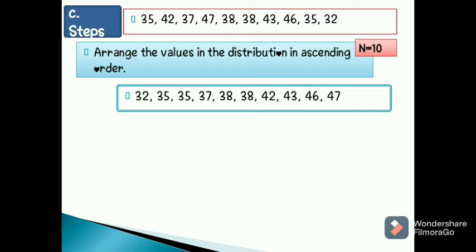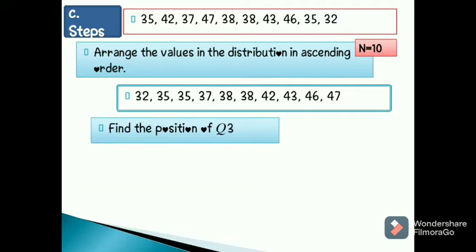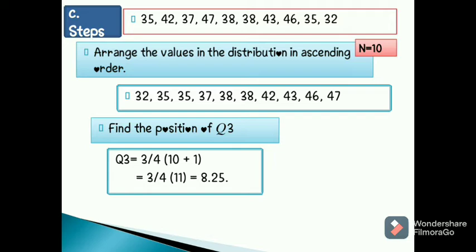Ascending order. And then, find the position of quartile 3. We are going to use the formula for quartile 3. So, since we're looking for Q3, 3 divided by 4 multiplied by 10 plus 1. Yung n natin is 10.